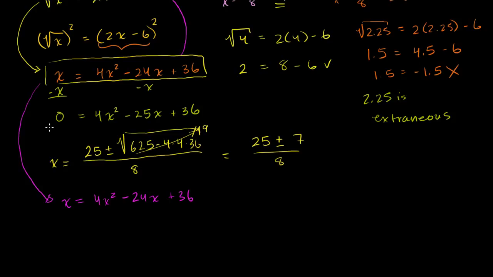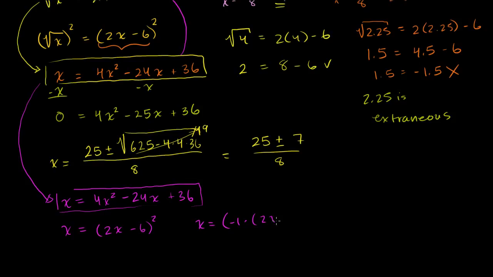Now, this could be written as x is equal to (2x minus 6) squared. This is one valid interpretation of this equation right here. But there's a completely other legitimate interpretation of this equation. This could also be x is equal to negative 1 times (2x minus 6) squared.